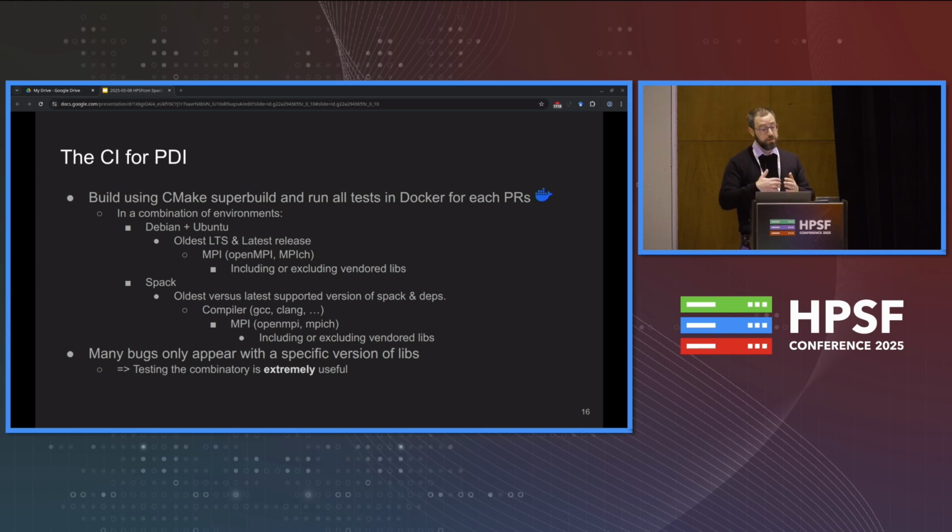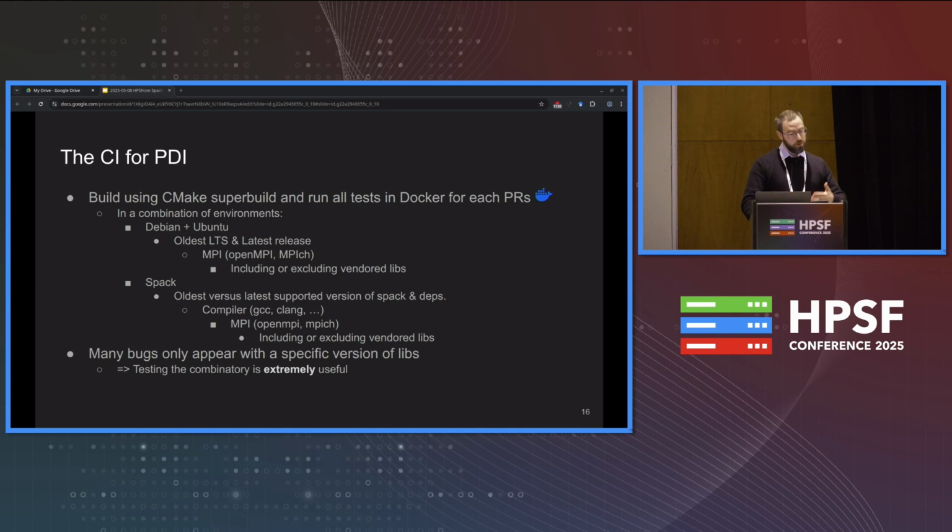We build, using the CMake super build, in a set of Docker images that combine multiple versions. So we have Debian, we have Ubuntu images, the oldest LTS that we still support, and the latest release, OpenMPI plus mpich, and either including the vendored libraries, so we don't rely on vendored libraries and use the system libraries, or excluding them to test our super build and see if we actually support installing the vendored libraries.